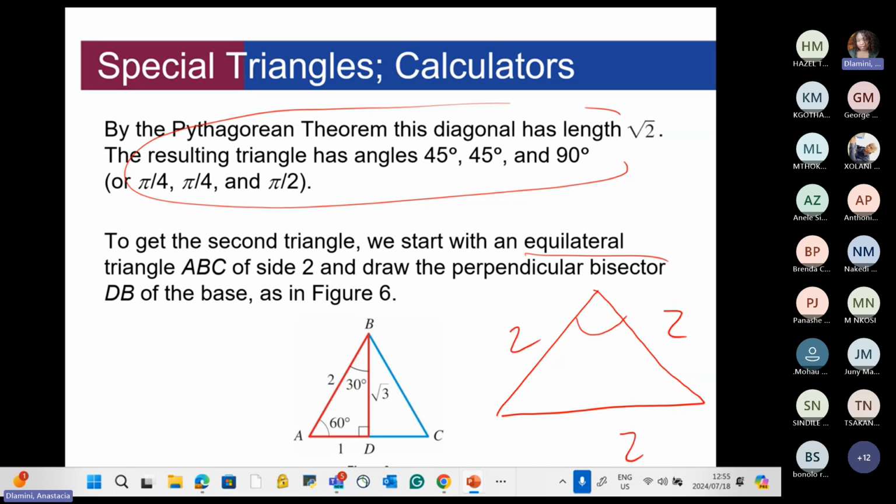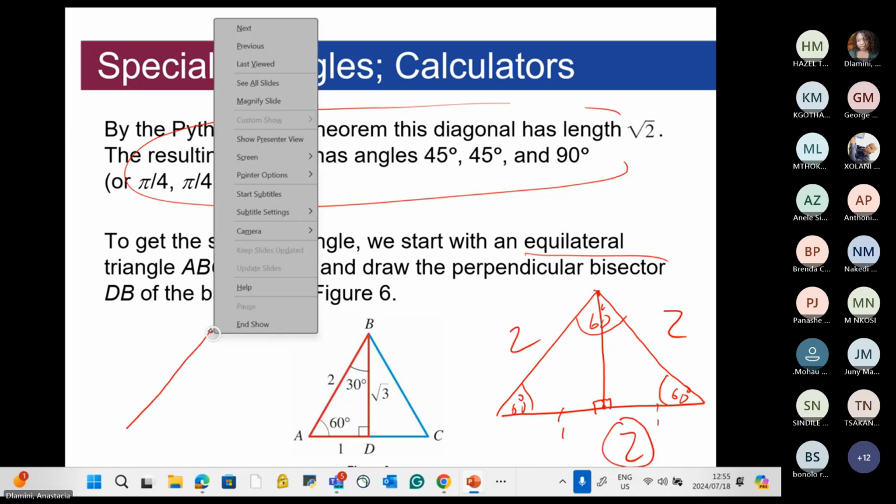We know that this will be 60 degrees, and this will be 60 degrees, and this will be 60 degrees. If we draw a perpendicular bisector, meaning that we draw a line from the center here to this point here, where it forms 90 degrees both sides, it means that this side will be 1, this side will be 1, which gives us 2, meaning that we'll have a triangle like this.